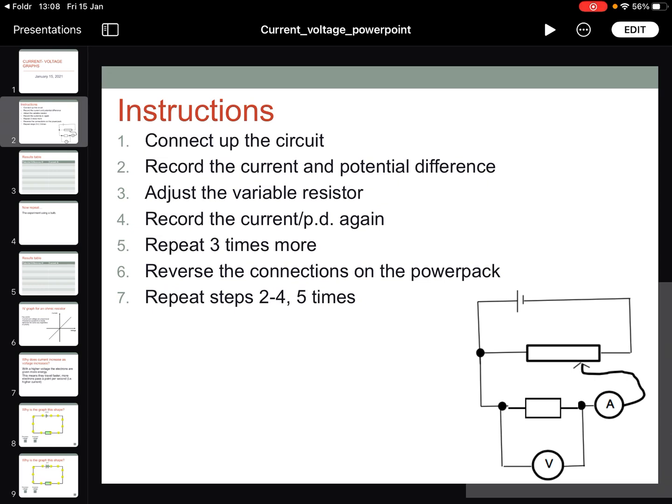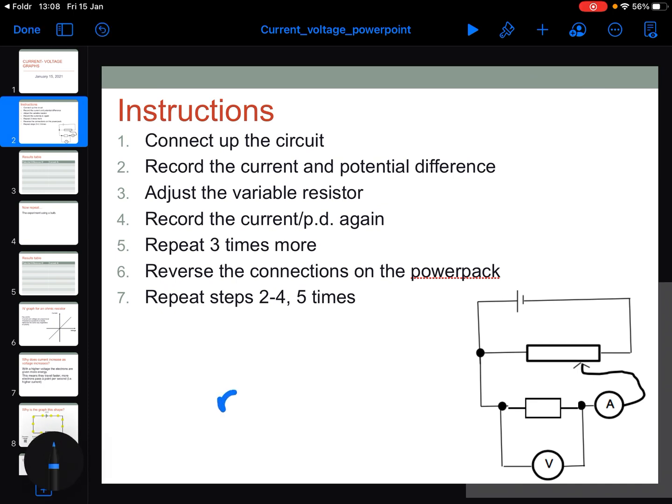This floating wire resistor bit is actually another way of drawing a variable resistor, but you may see it referred to in questions as a rheostat.